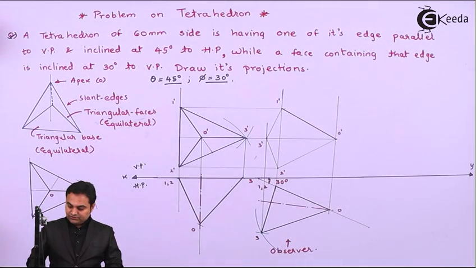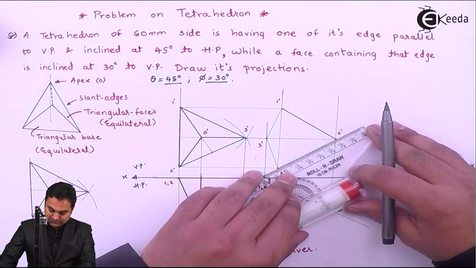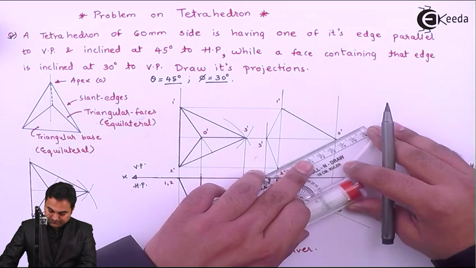O dash to 1 dash, then O dash to 2 dash, similarly in order.